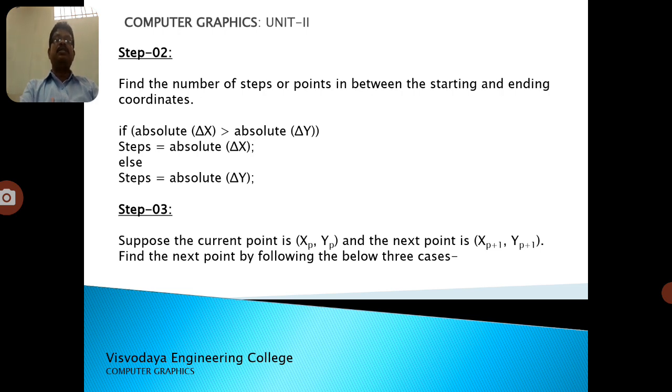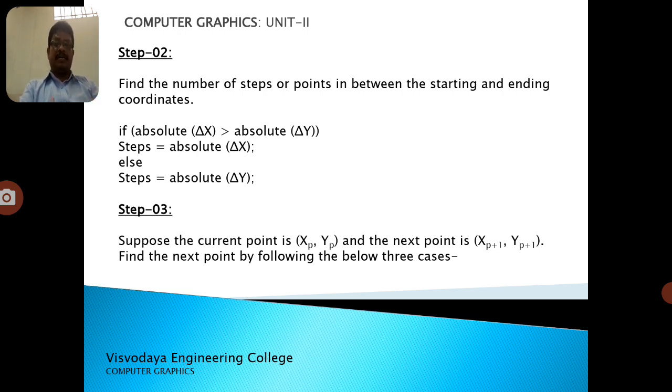Now coming to the third step of this algorithm. Suppose the current point is xp and yp, and the next point is xp plus 1 and yp plus 1. Here you can observe the starting points are xp and yp.